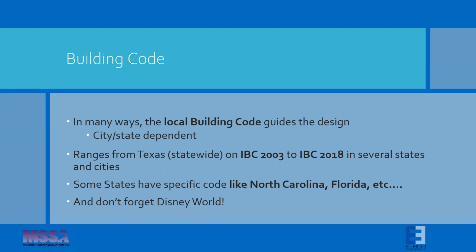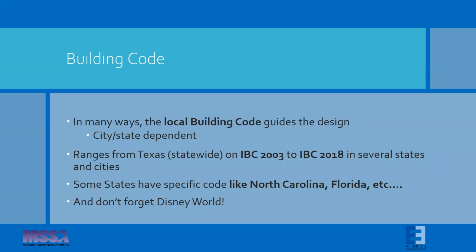One of the most important things is the building code. In many ways, the building code drives the design of the sign. In a sense, the code tells us what loads are applied to the sign and how they are applied. So it is city and state dependent, and so therefore it can vary extremely widely across the region.